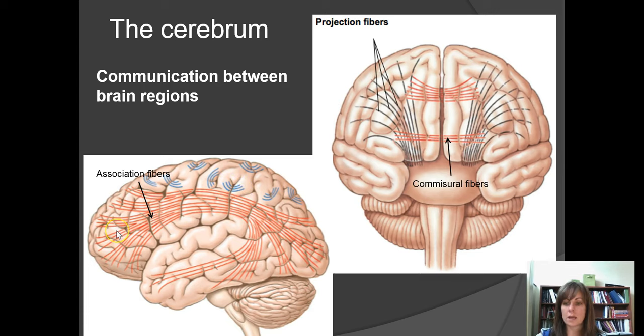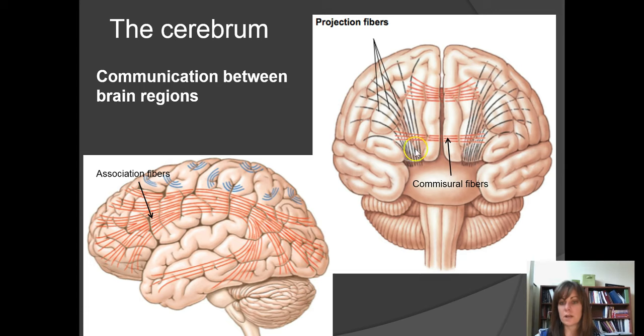They connect something on one hemisphere to something else on the same hemisphere. So we might connect what we see on the left hemisphere with what we feel and touch also on the left hemisphere. That'll be an association fiber.